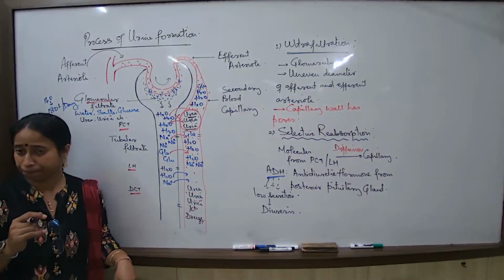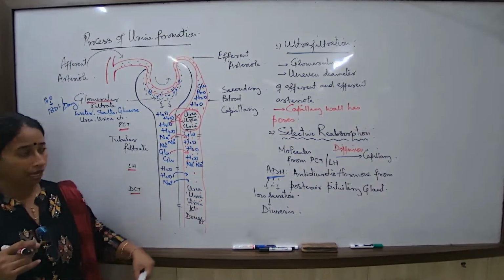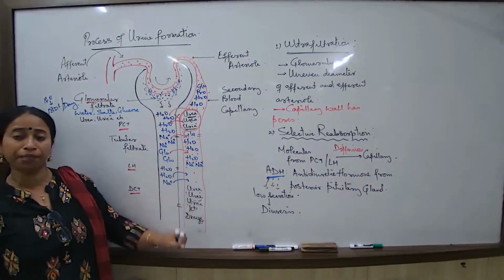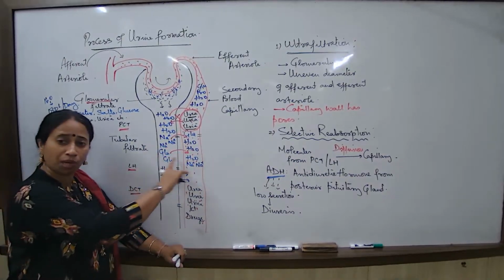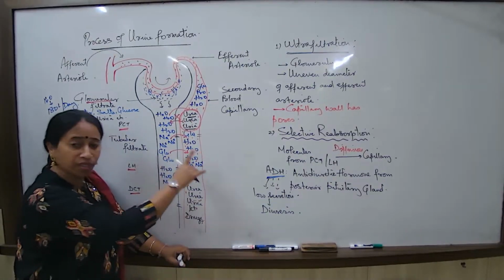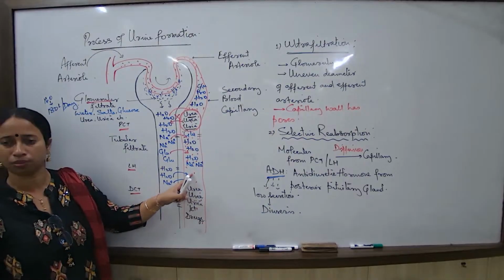The antidiuretic hormone maintains the difference level, or what does it do? Antidiuretic hormone will make the membranes permeable so that the sodium and the water and the glucose can constantly keep on moving towards the blood. Understood? It actually makes the diffusion possible.